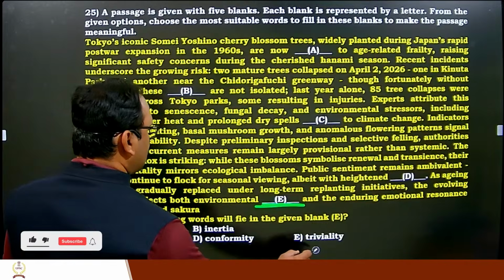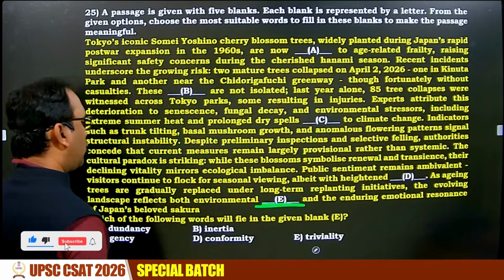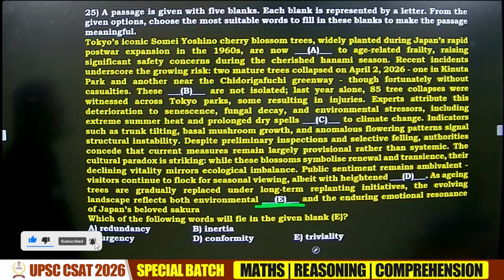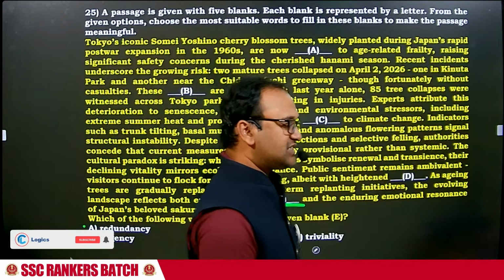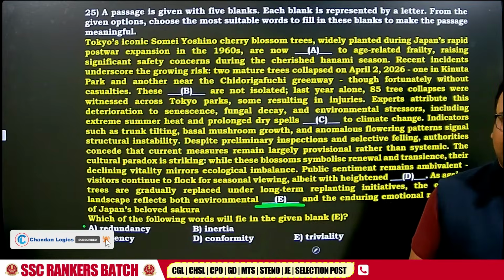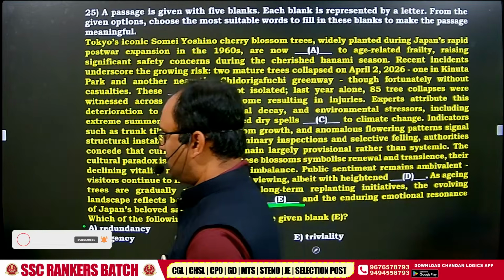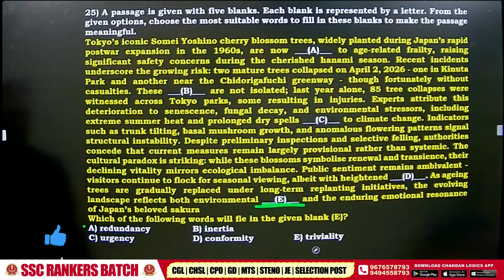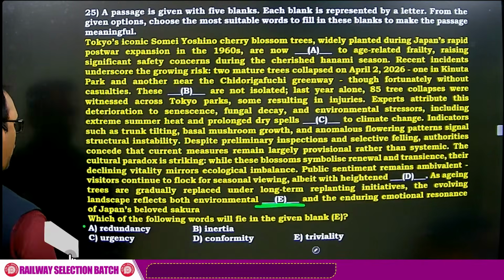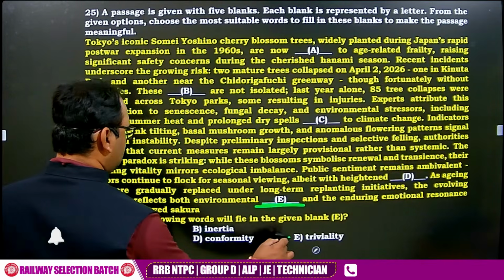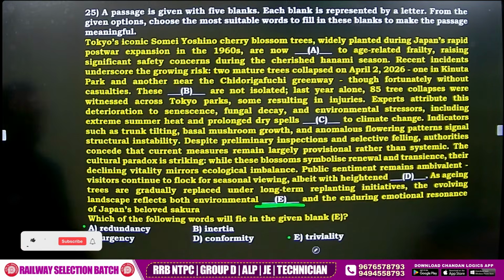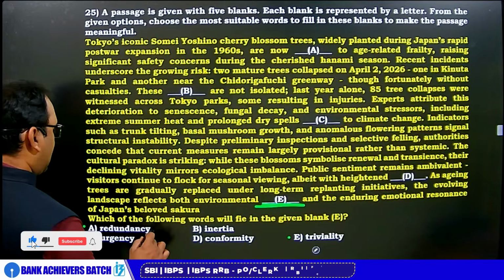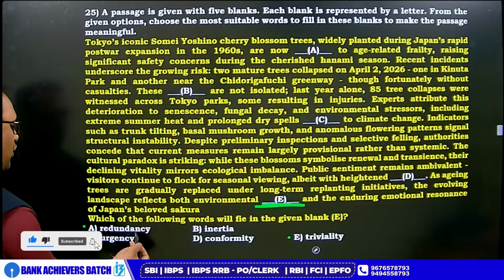Of course, I have to always say this. If you don't know the vocabulary, it's always tough. What is the meaning of redundancy? Redundancy means unnecessary, not important.